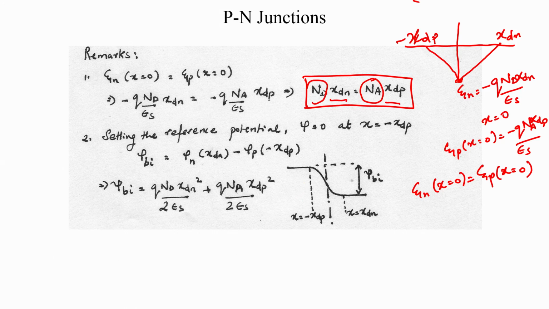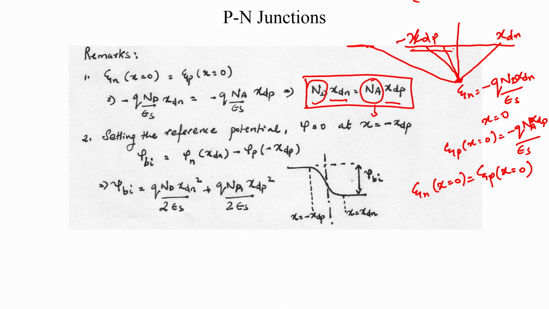I just need a smaller amount of charge exposed before all the electric field is nullified. On the other hand, if my charge concentration is very low, I need to expose a lot more charge before the electric field is nullified. So, that is essentially what this expression intuitively implies.